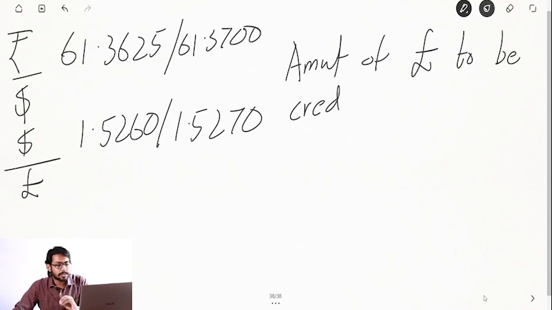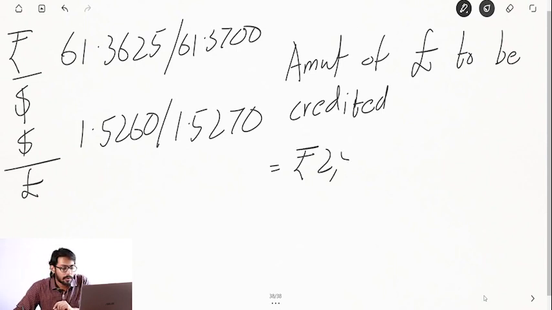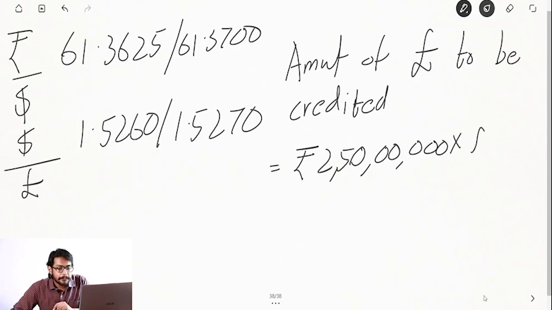Calculate the amount of pounds credited, which is equal to rupees 2 crore 50 lakhs into pound by rupee.